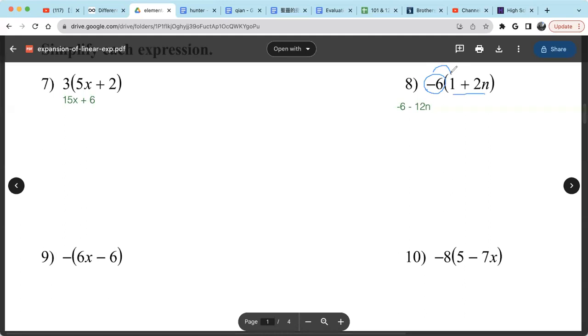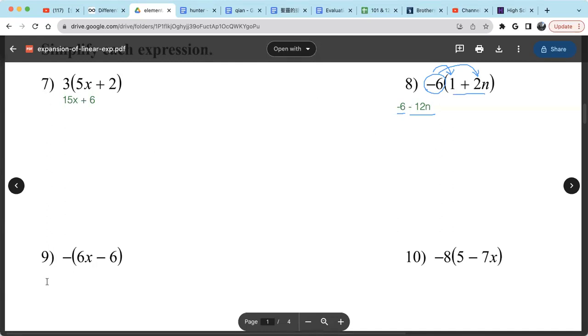When I expand this expression, I need to multiply negative 6 with 1, then multiply negative 6 with 2n. When I multiply, I just multiply number with number. I leave the variable. I just carry the variable with me. So negative 6 times 2, that's negative 12. And negative 6 times 1, of course, that's negative 6. Any number multiplied by 1 is itself.